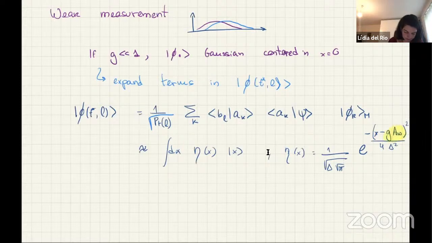So the average of x for this final state is going to be g AW. And what is this AW?